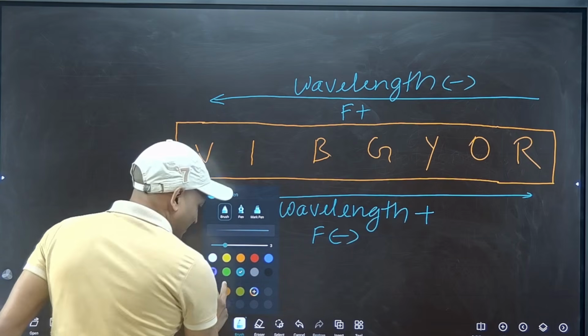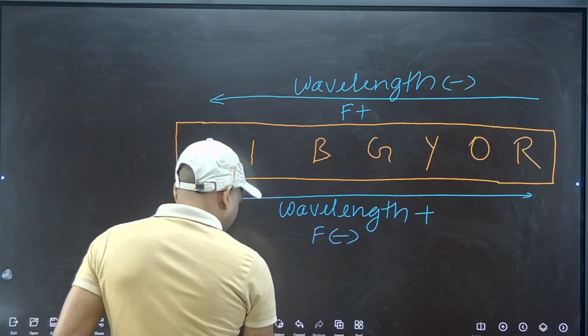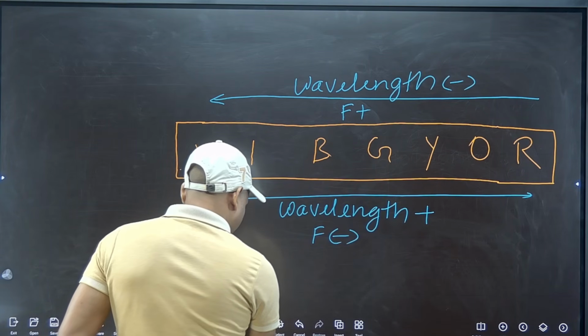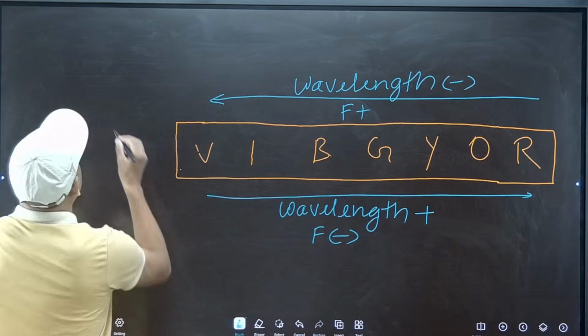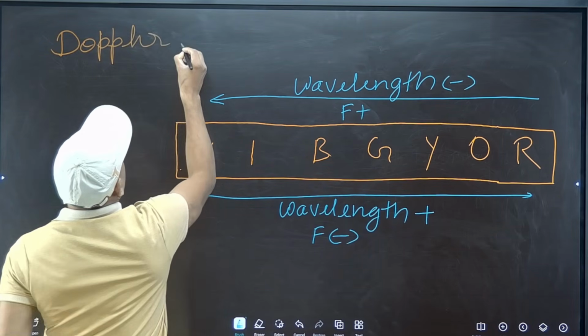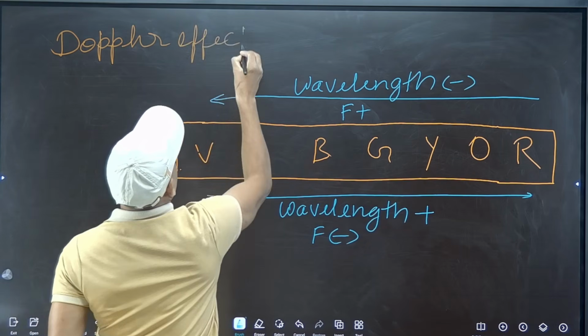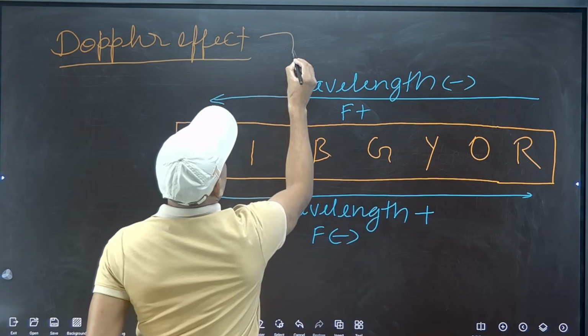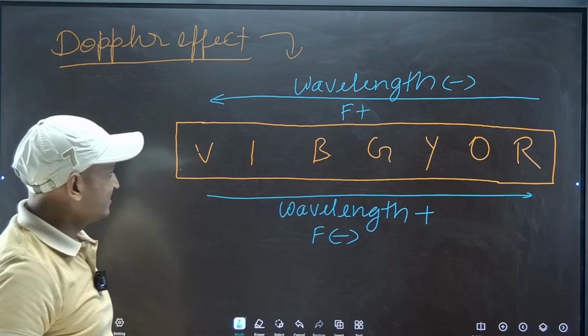Here we should write it down as well, because we are understanding a very important concept here. Doppler effect. We are understanding Doppler effect as far as our understanding in geography is concerned.